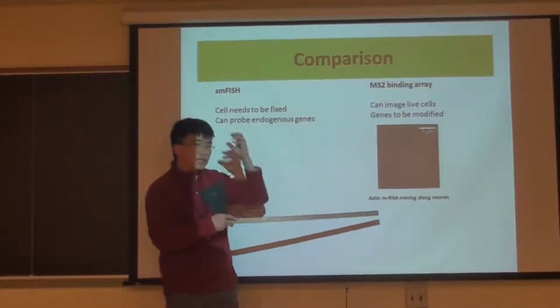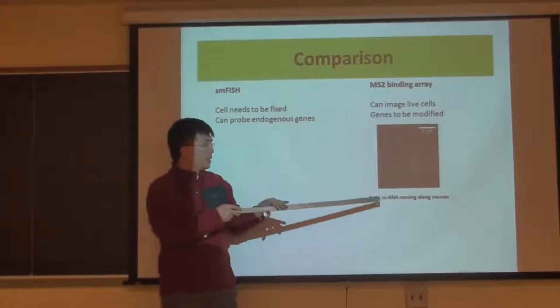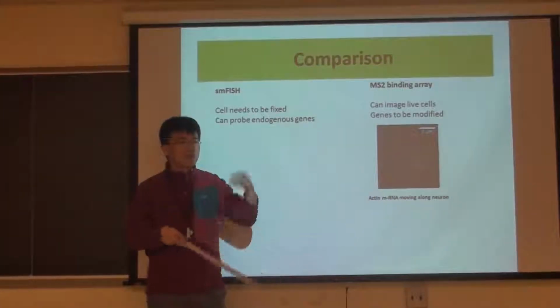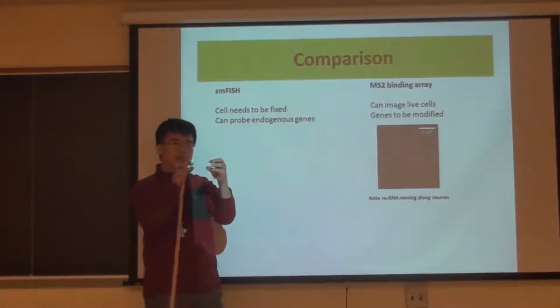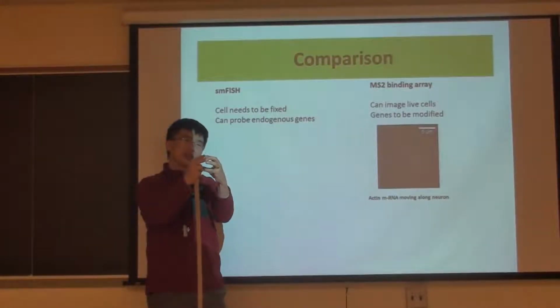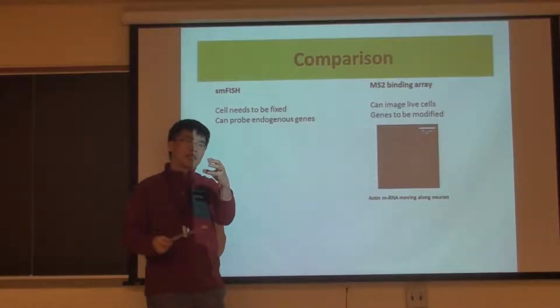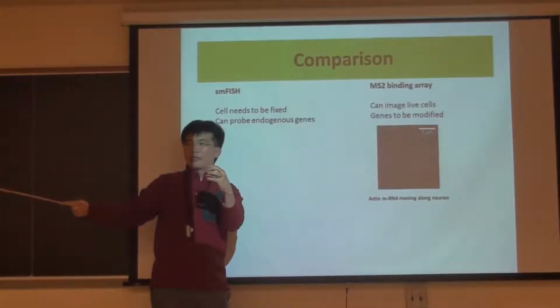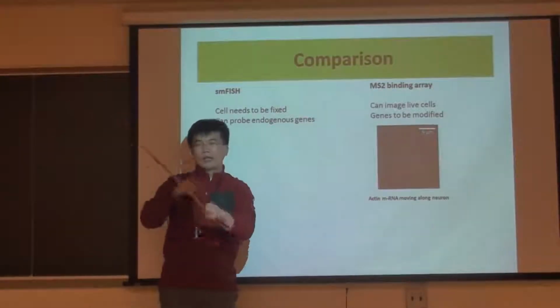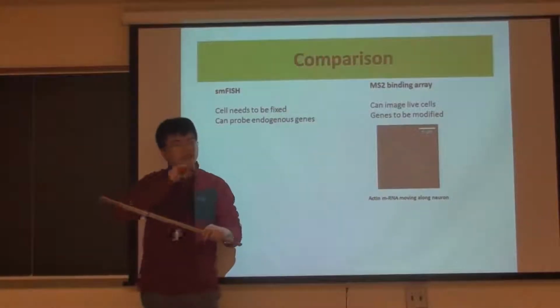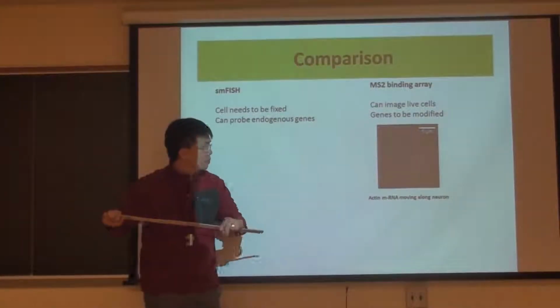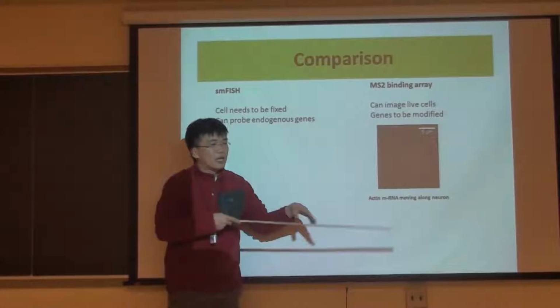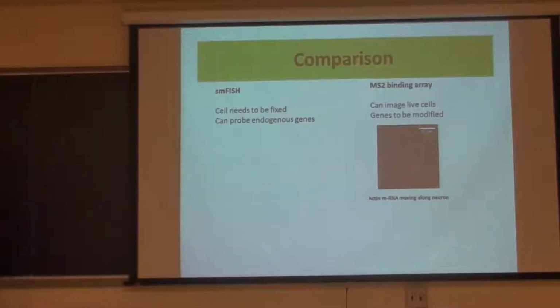In neurons you need a lot of actin, but the nucleus of a neuron is usually very far away from where the actin is needed. So actin mRNA has to be produced in the nucleus and then has to be transported down along the neurons, axons, and so on. So you can actually image that using this method too.